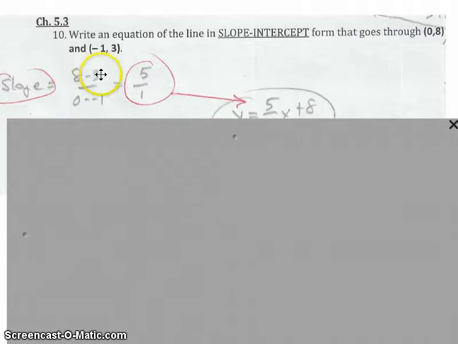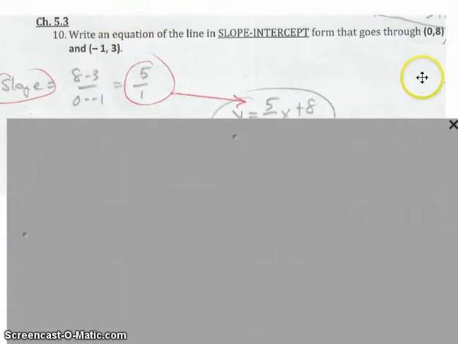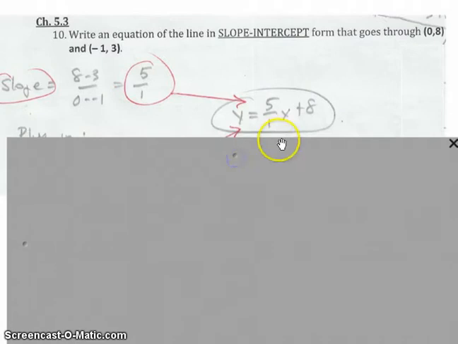Well, slope, again, is just change in y over change in x. This time I decided to do 8 minus 3 in this direction for the change in the y. So then I had to do 0 minus minus 1. 8 minus 3 is 5. That's really 0 plus 1 is 1. So my slope is 5 over 1. Y equals 5 over 1x.